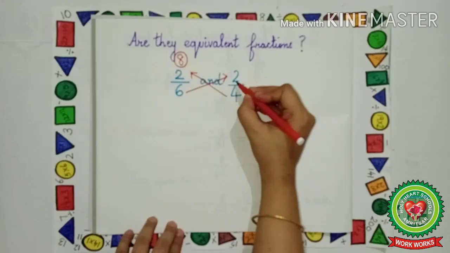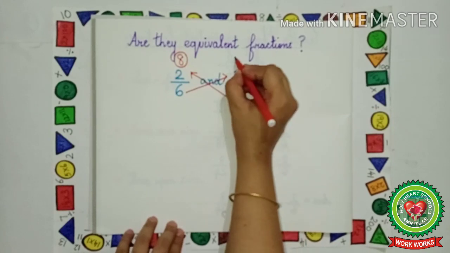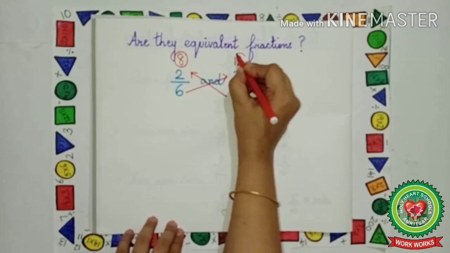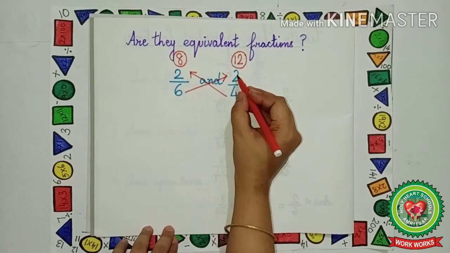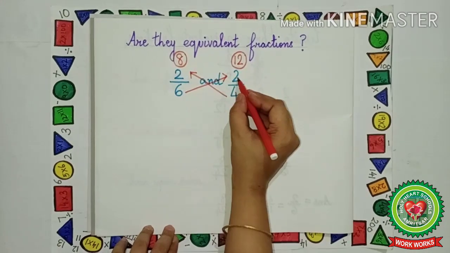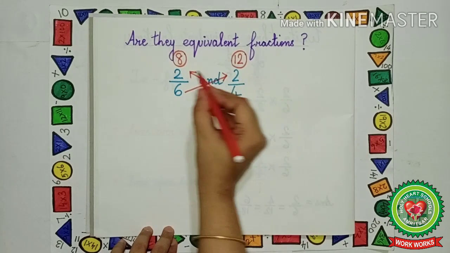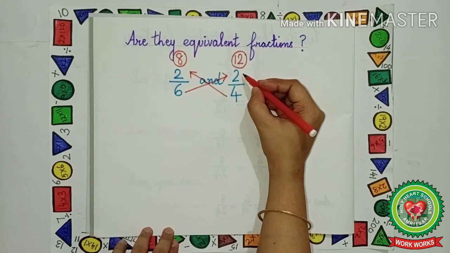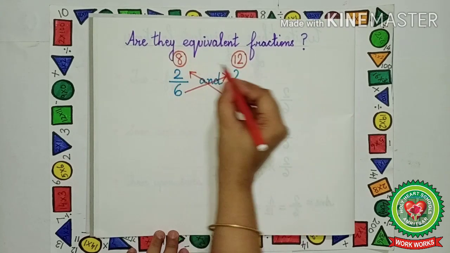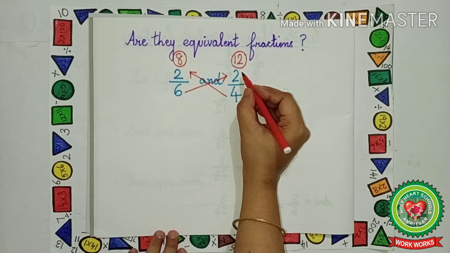Now 6 twos are 12. So let us write over here 12. Now both the sides the numbers are different. Over here we have got 8 and over here we have got 12. So since both the numbers are not the same, they are not equivalent fractions.